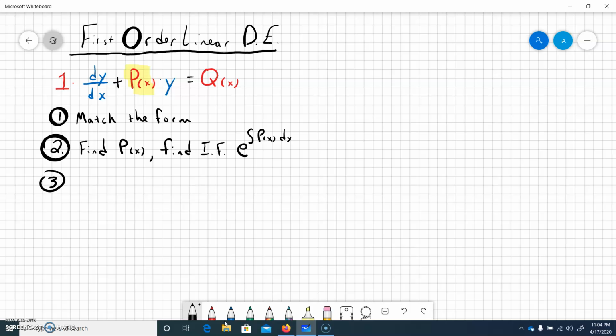Then we will multiply all terms, let's say parts, by the integrating factor. That's left and right.